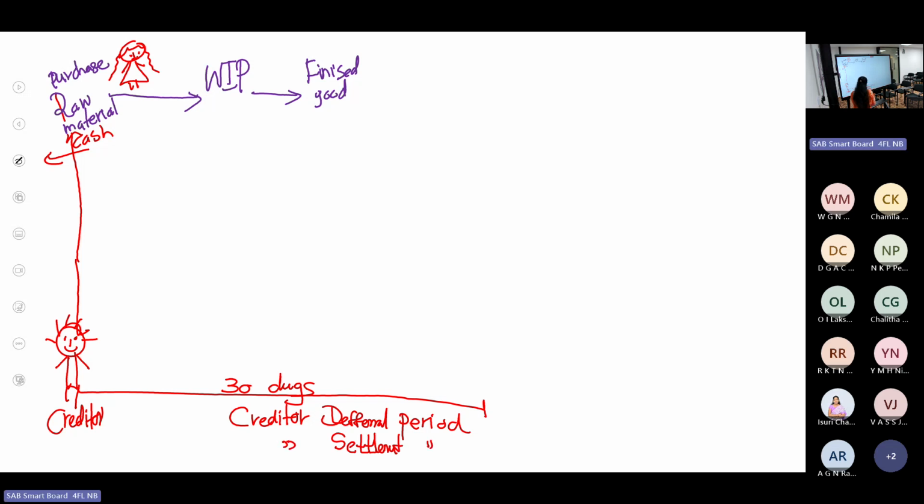How many days? 30 days. Now, in converting raw material to work in progress, Sumudu has to spend 5 days.